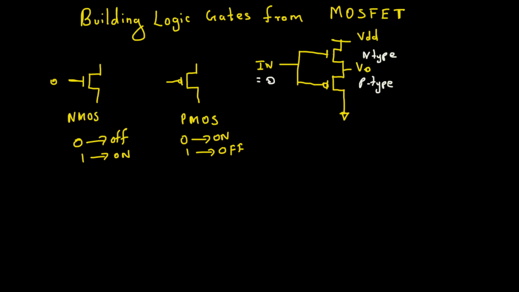Yeah, it's better to always connect the PMOS on top, because PMOS acts weird if you connect it to the ground: if the input is 0, it's going to turn on. So you had better connect the PMOS right here. So this is now P-type on top and N-type here.